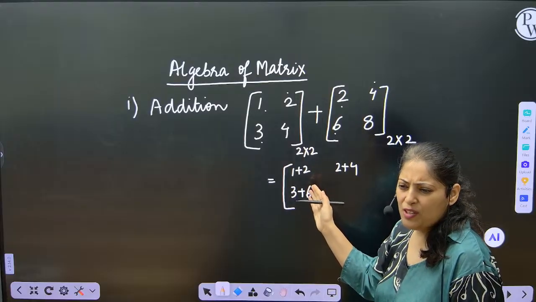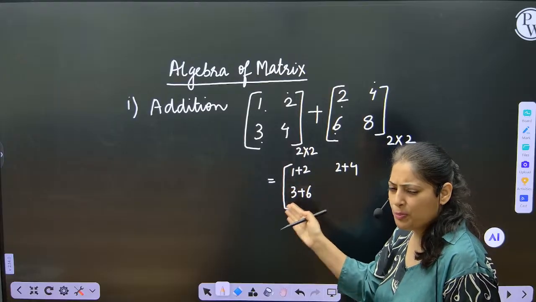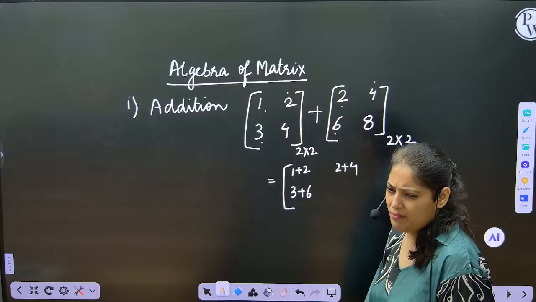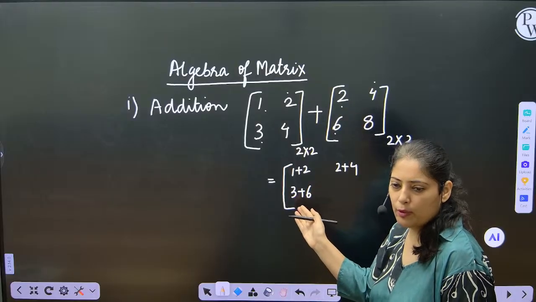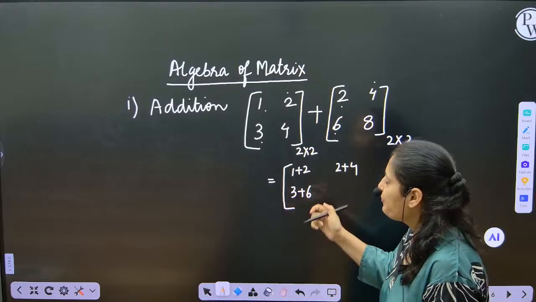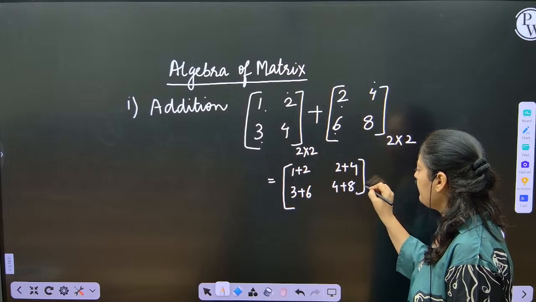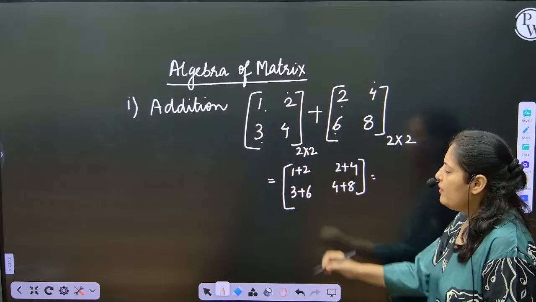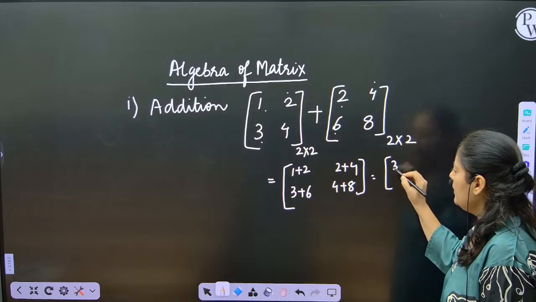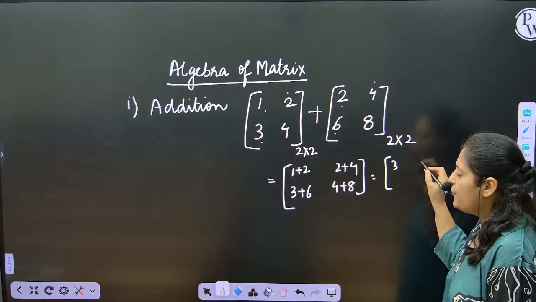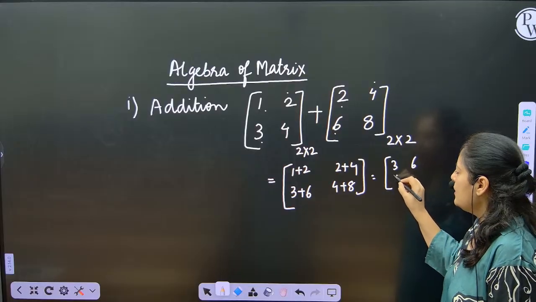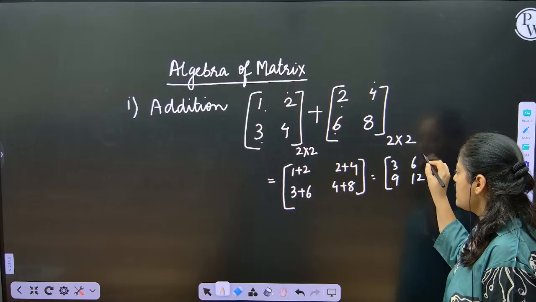When you become a pro in it, there is no need to perform this step. This is just the beginning, that's why I'm doing this step. Otherwise, no need. 4 plus 8. Okay, 1 plus 2 is 3. 2 plus 4 is 6, 9, and 12.